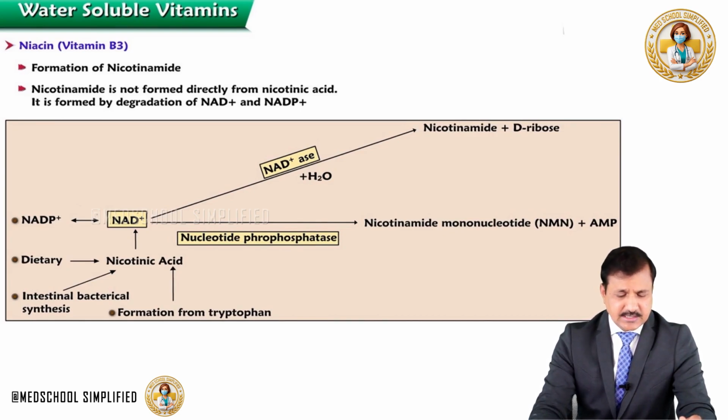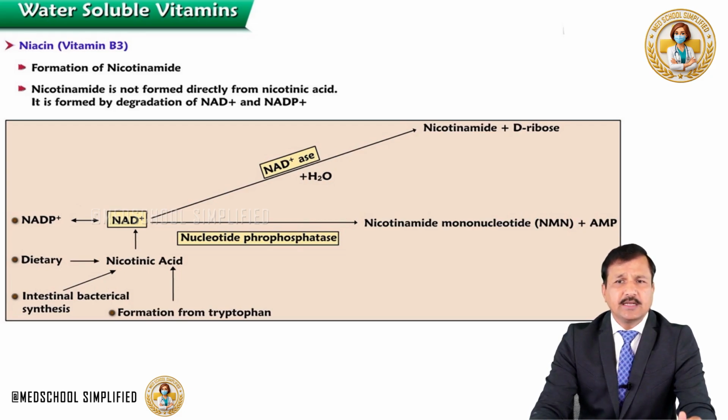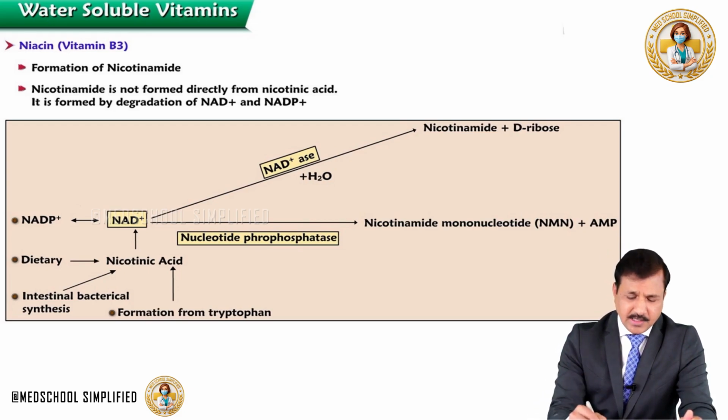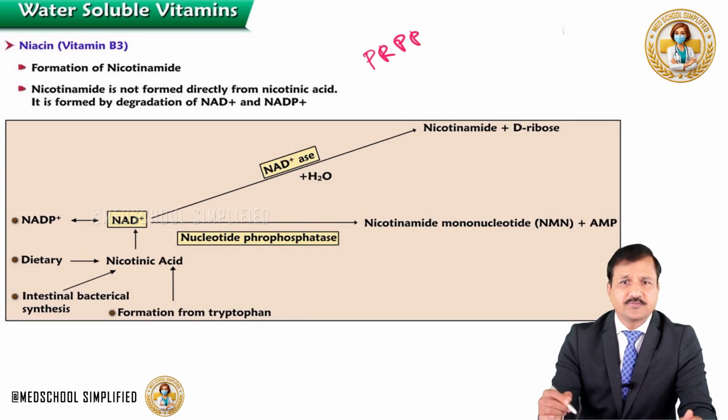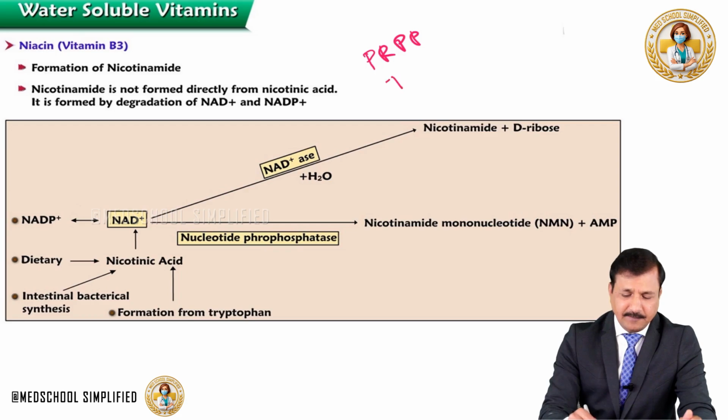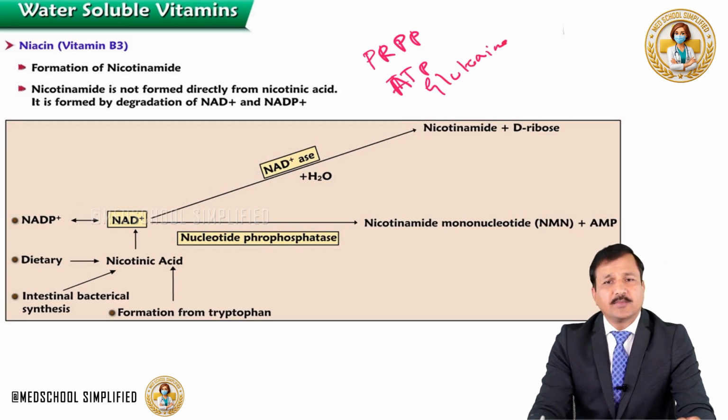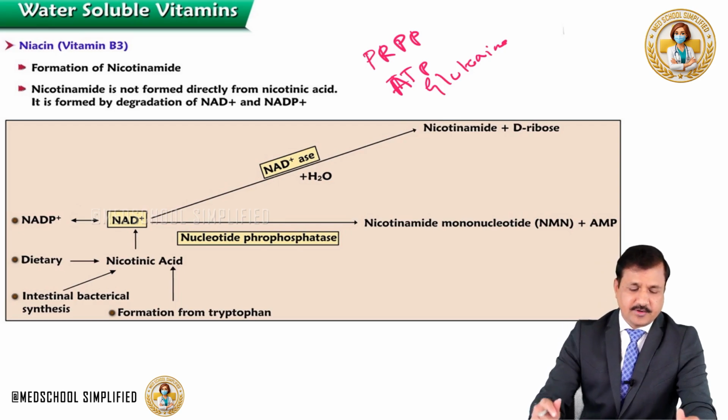These are the three necessary things for the formation of nicotinamide adenine dinucleotide. One more time: we need PRPP, phosphoribosyl pyrophosphate, we need ATP, and also we need glutamine. These are the requirements for the formation of nicotinamide adenine dinucleotide.